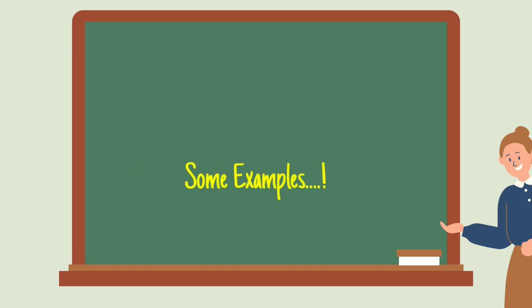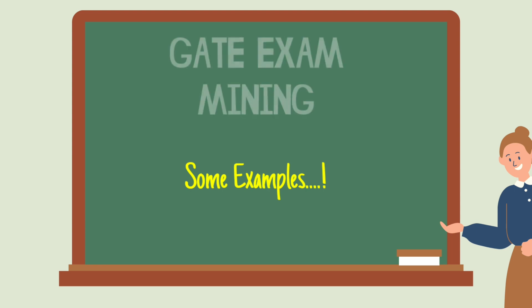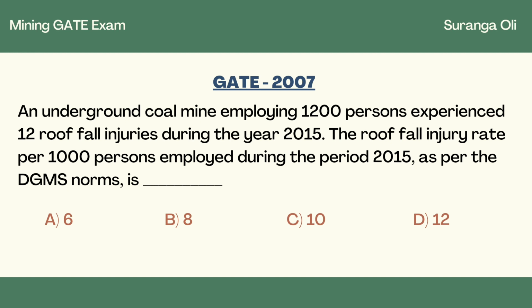Now, let us see some of the examples from previous year GATE question papers for mining engineers to see how this formula is used to solve the questions. Now, let's take a question from GATE examination for mining engineers 2007. The question is, an underground coal mine employing 1200 persons experienced 12 roof fall injuries during the year 2015.